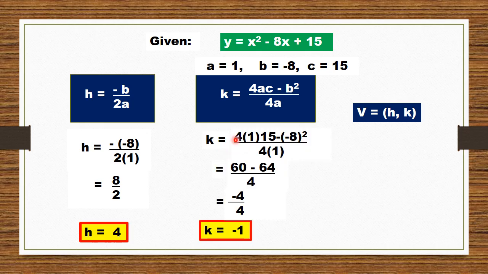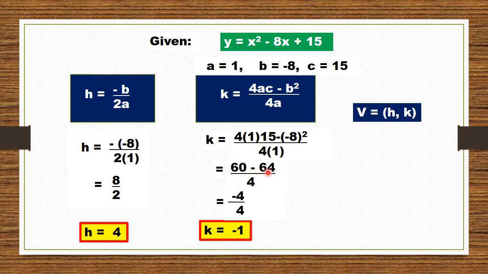K equals 4 times 1 times 15 minus the quantity of negative 8 squared over 4 times 1. So 4 times 1 times 15 is 60. Negative 8 times negative 8 equals 64.